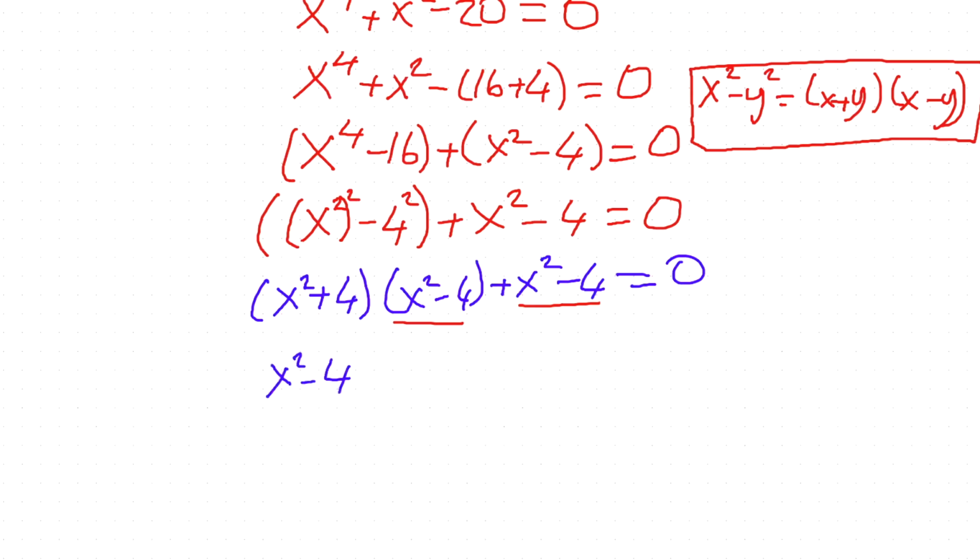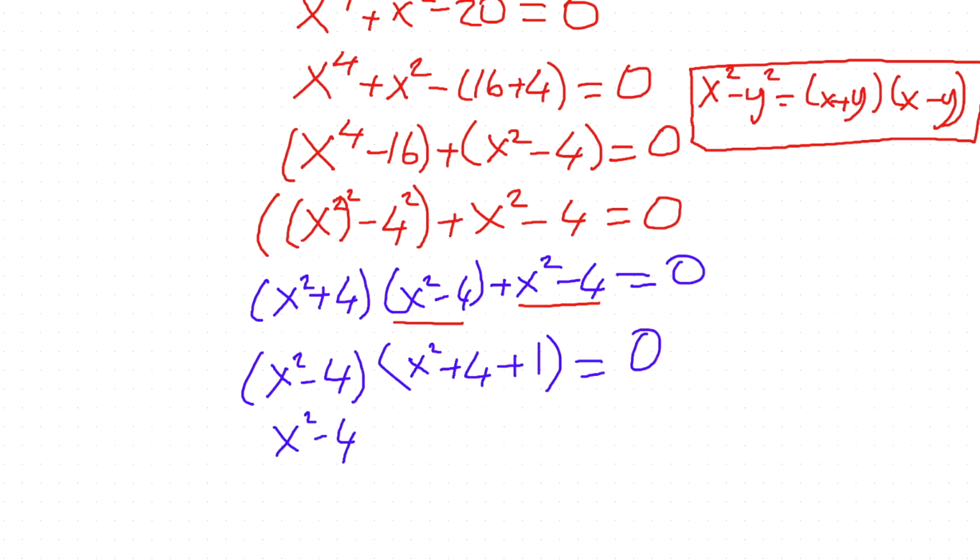What we're going to have here: x squared plus 4 from the first term, and plus x squared minus 4 is just by itself, so we'll put 1 for that. Let's combine the like terms in the parentheses: we have 4 plus 1, x squared plus 5, is equal to 0.